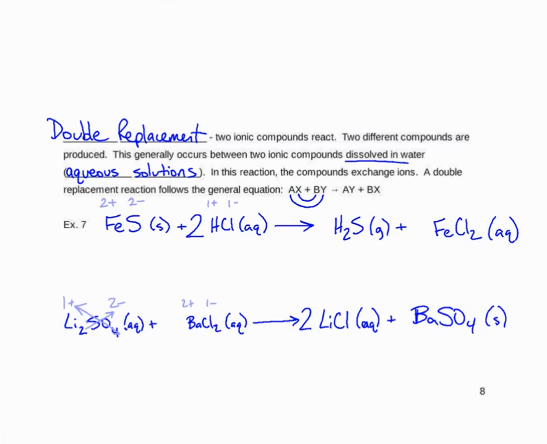Now here's what happened. So we had this solid and we added it to this aqueous. And remember I said that they both became part of the aqueous compound. So I'm going to actually edit this. It becomes aqueous when it's mixed up. And so here's what we're looking at.